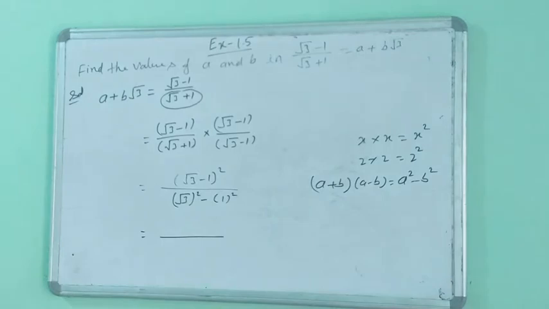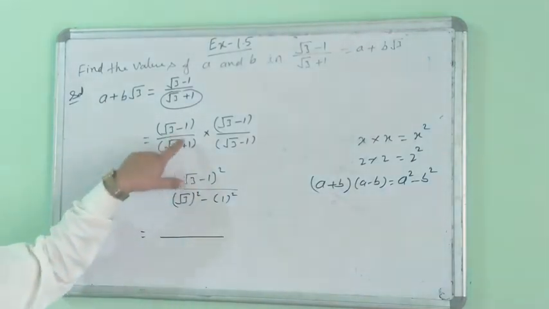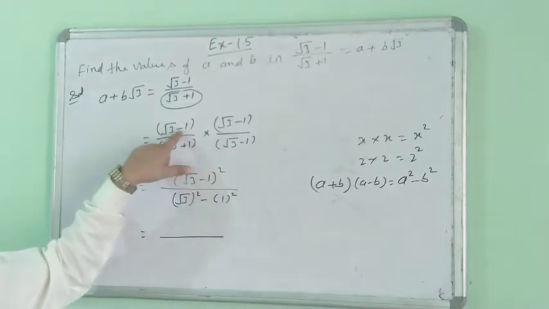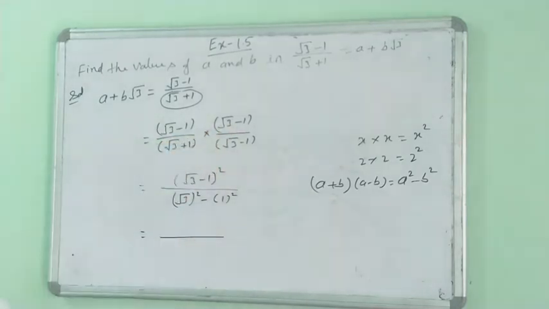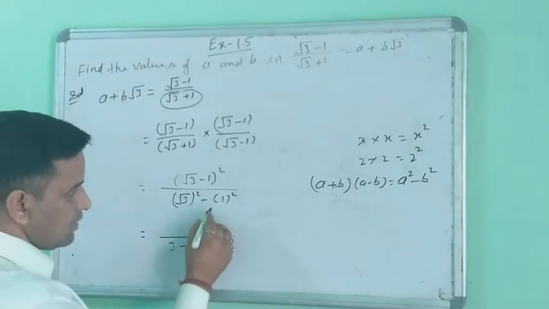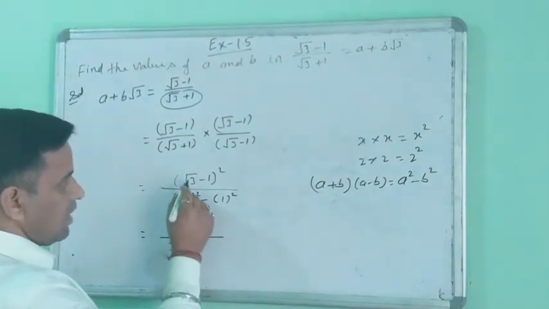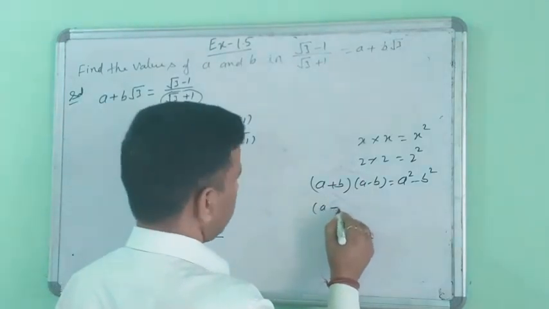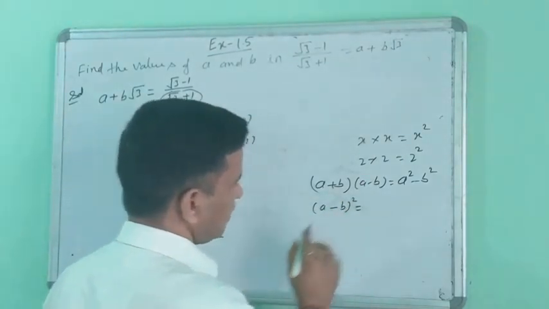Is it clear? So first of all, you will use the identity in this part and you will multiply in the numerator. Root 3 square is 3 and root square of 1 is 1. And here we use the second identity, a minus b whole square. What is the identity for a minus b whole square?